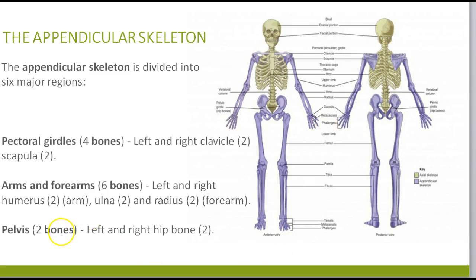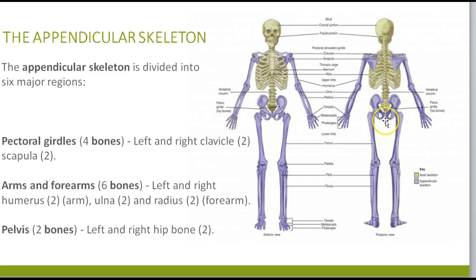Then we've got our pelvis, with two bones: our right and left hip bone. On the anterior side of the skeleton, where my pointer is, is the pubic symphysis, the lump of cartilage in between which joins the pelvis together at the front.